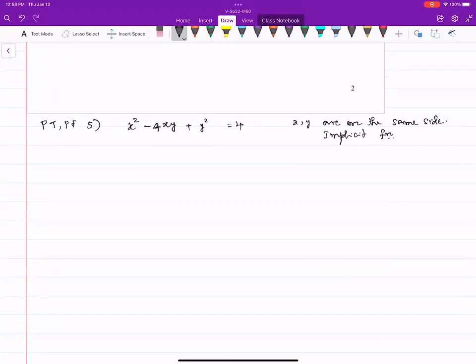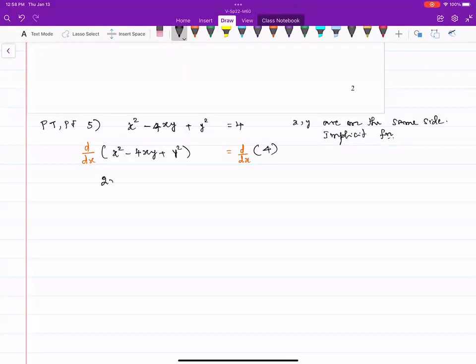So let's take the derivative of both sides. d by dx of the left-hand side equals d by dx of the right-hand side. The left side is x squared minus 4xy plus y squared, and the right-hand side is 4. Now you differentiate both sides with respect to x.